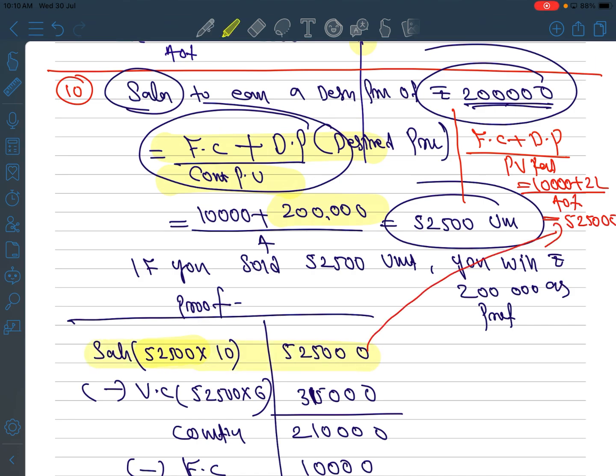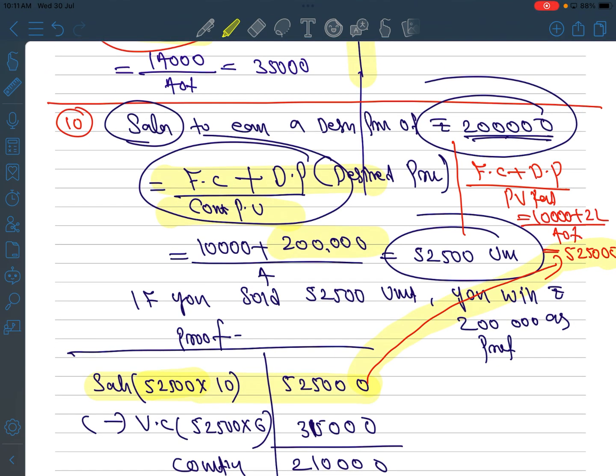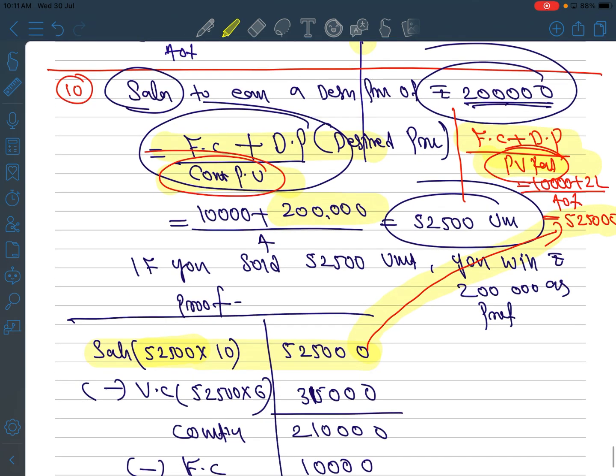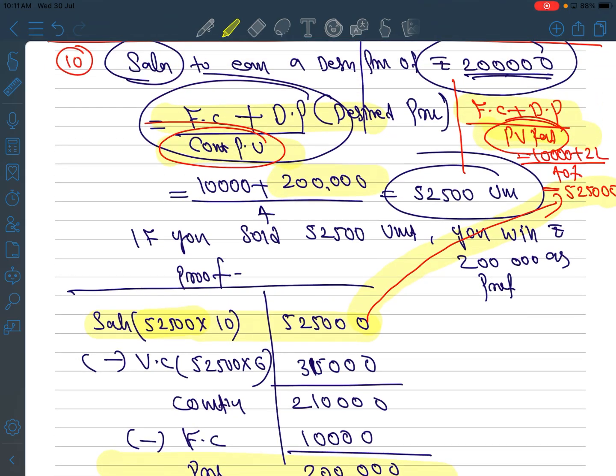So these sales we can directly compute. When break-even point is in units, the denominator is contribution per unit. When break-even point is in sales value, the denominator is PV ratio. So the same equation we can use here also. That's all about our understanding of the basic equations required to solve marginal costing problems.